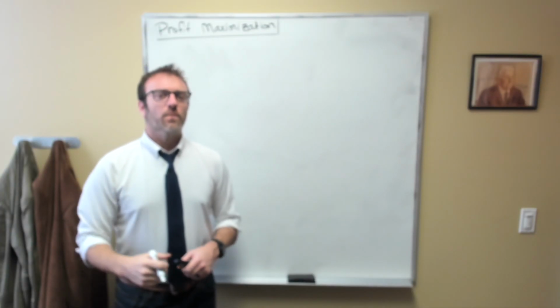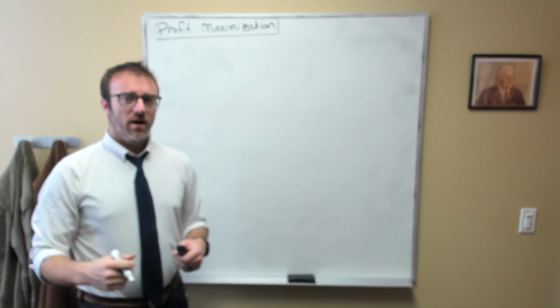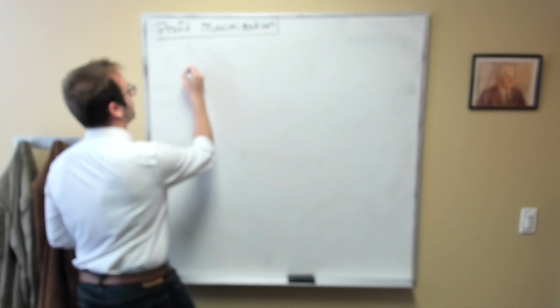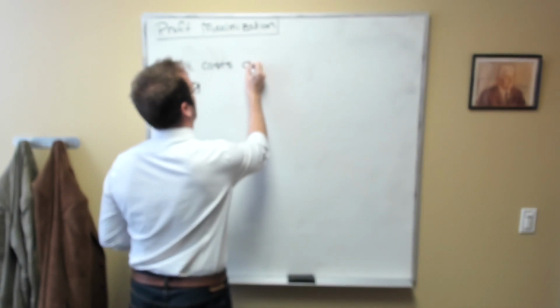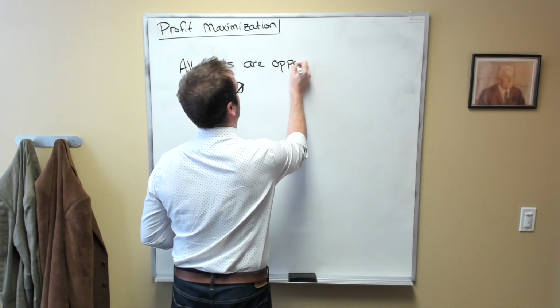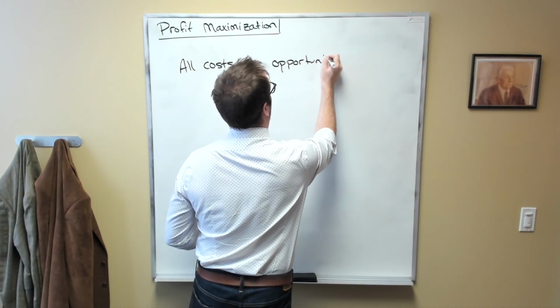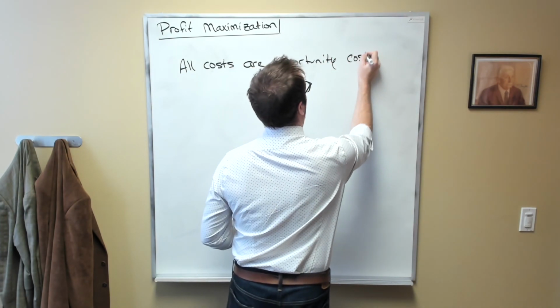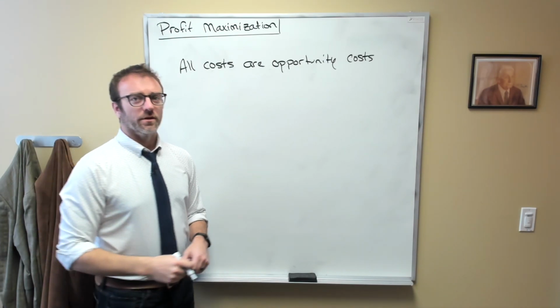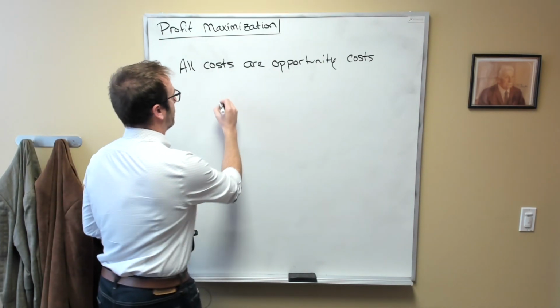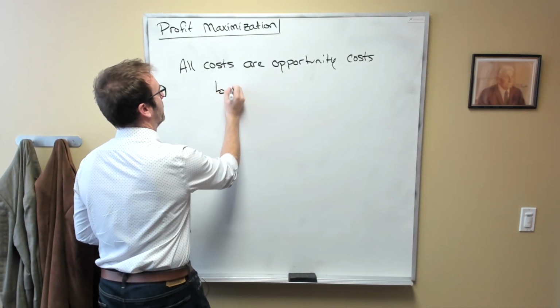Now, let's think more about this opportunity cost type logic. And what I'm going to propose is that all costs are opportunity costs. And more importantly, all of these costs are costs to someone.